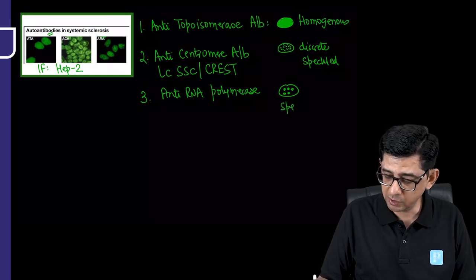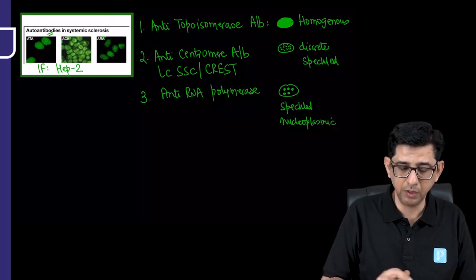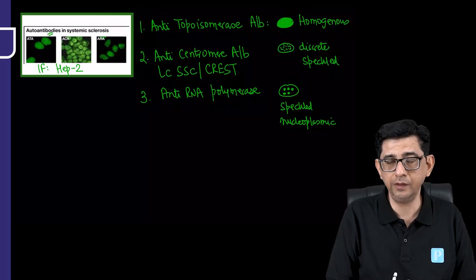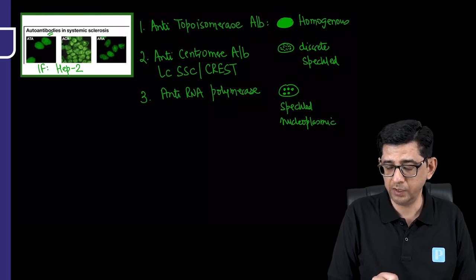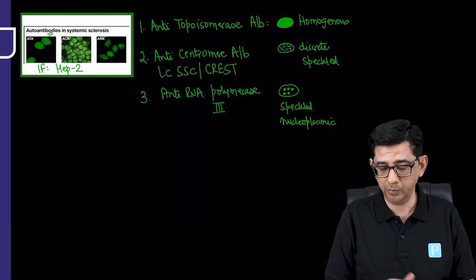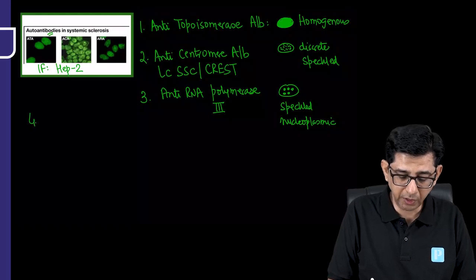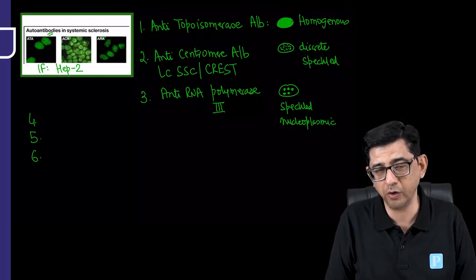So this would be called a speckled nucleoplasmic pattern. What you need to get a hang of is the patterns which are shown in the slide adjacent to it: ATA, that is anti-topoisomerase, anti-centromere, and then ARA, that is anti-RNA polymerase 3 antibodies. Though in total I'll be describing 9 antibodies before you, these top 3 are the ones which are to be given top priority.